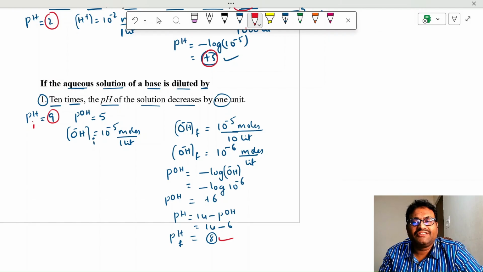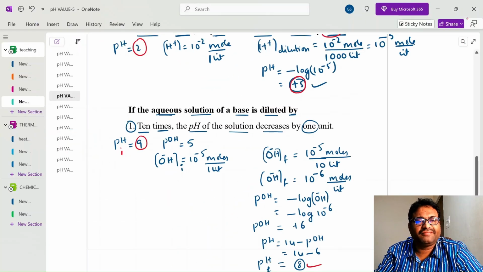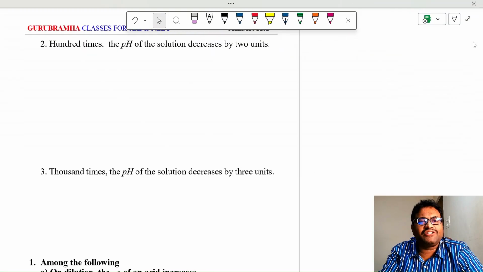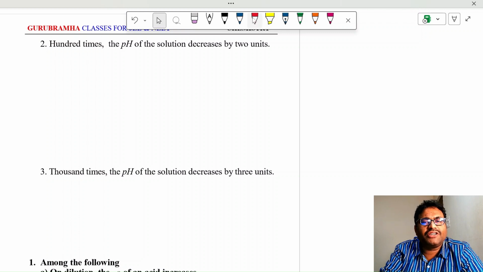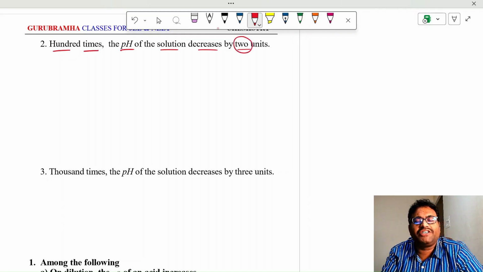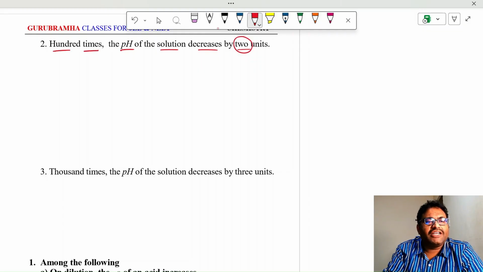Got it? So let us see. For the same basic solution we are discussing, when you are diluting the solution 100 times, the pH of the solution decreases by 2 units. How many units? 2 units. Let us see. So let us take pH equal to 10.